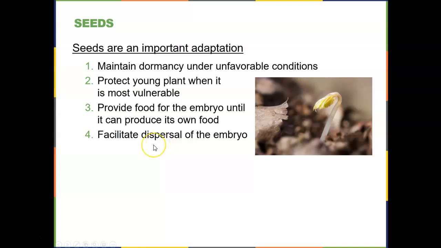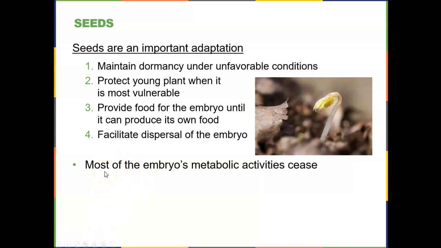We don't necessarily want all of the offspring of a plant to be right next door to it. Remember, plants can't get up and move on their own. So because we have seeds, which are often embedded in fruits that animals eat, that helps to move the seed with its embryo potentially far away from its parent, and that helps to allow the species to move.